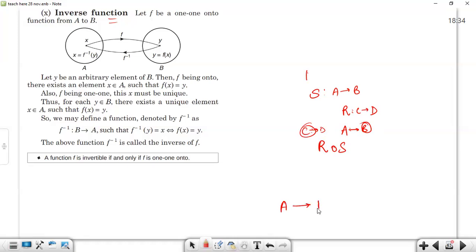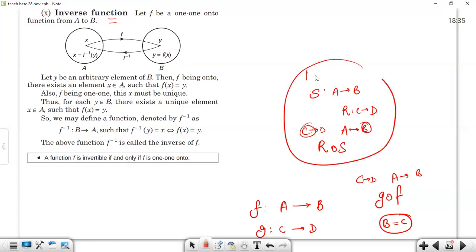If F is a function from A to B and G is a function from C to D, then for G of F to exist, set B has to be equal to C. Do you able to relate how this is composition of relations, and now what we are discussing is composition of functions.